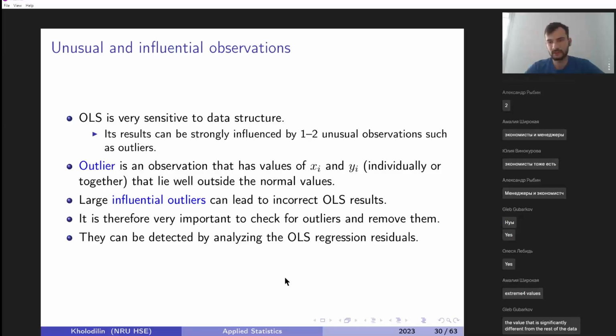if something is wrong with data, if we are violating some assumptions, we are losing these nice properties of OLS. So here we're going to discuss outliers. We can imagine this example with correlation between age and income.